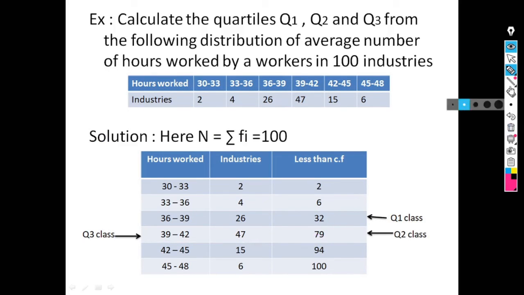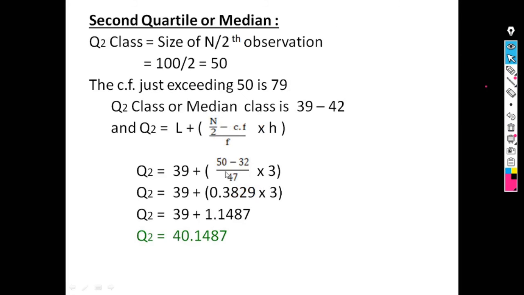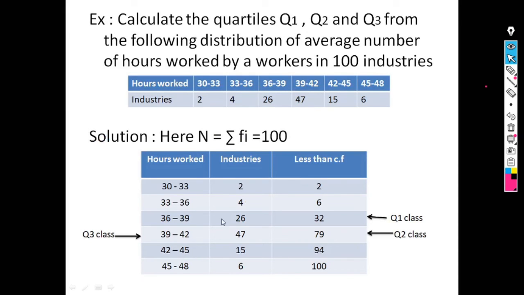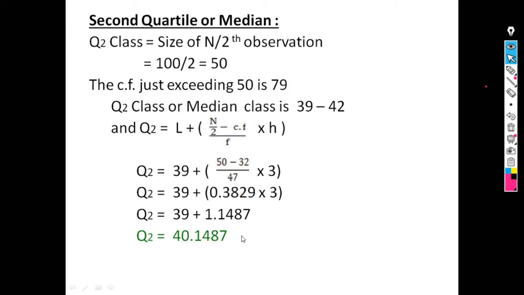So the value of CF is 32. Minus F, which means the frequency of that class. The frequency of that class is 47. So substitute F is equal to 47.